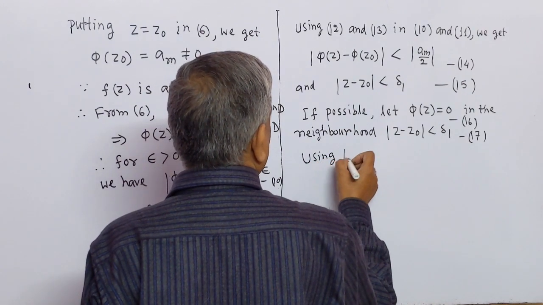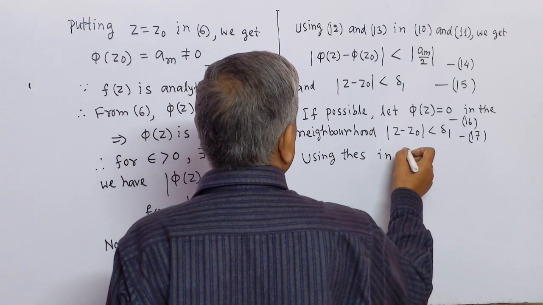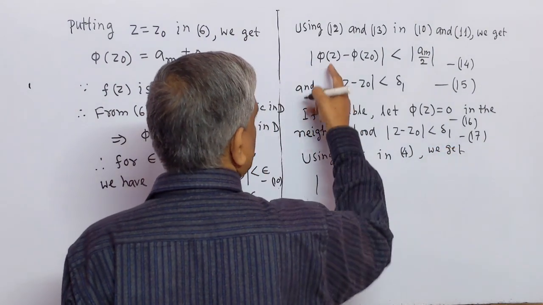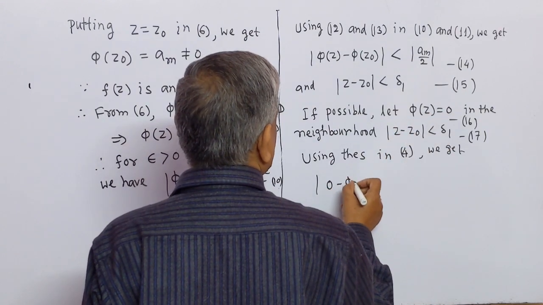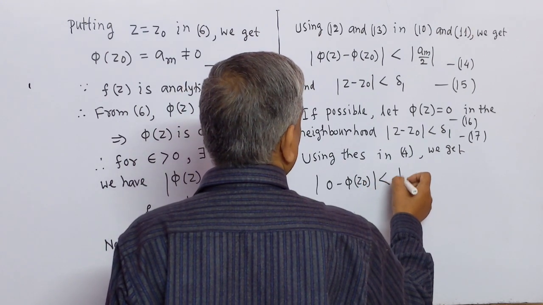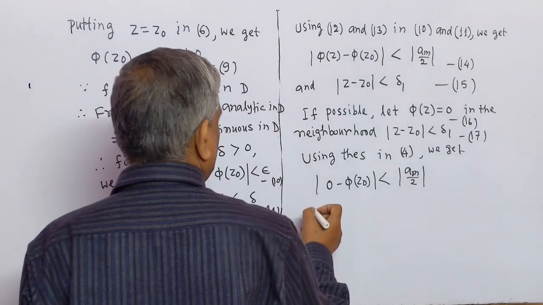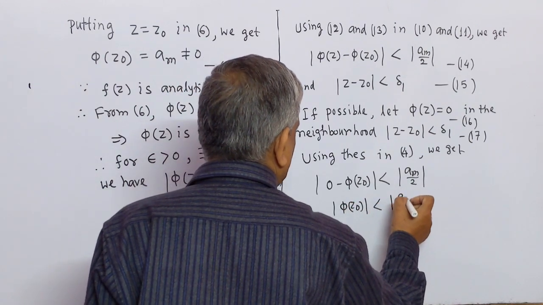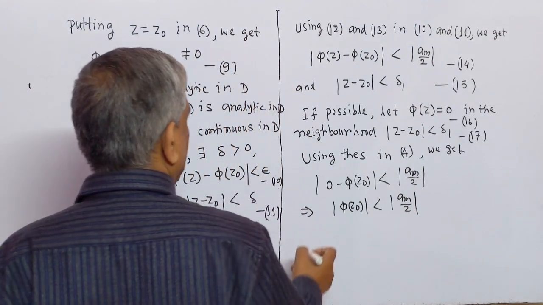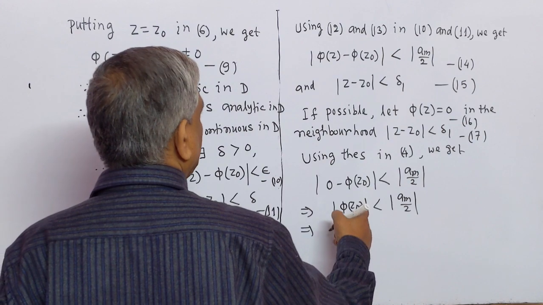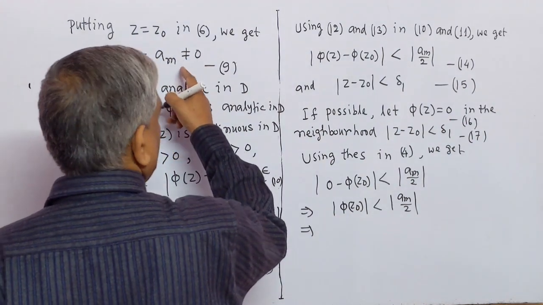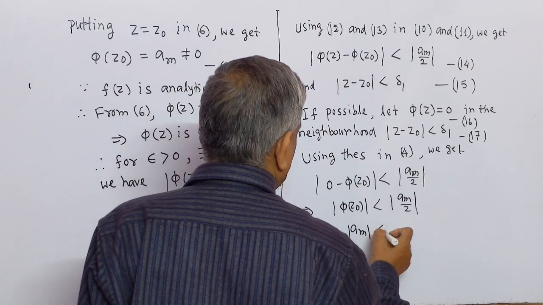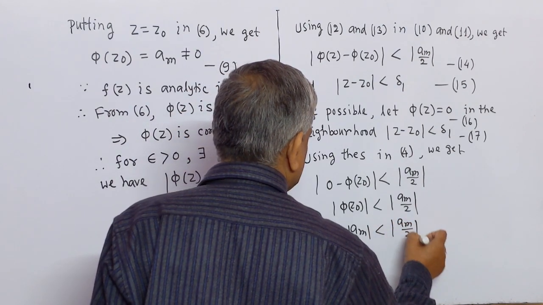Using these in 14 we get modulus of f(z) equal to 0 minus f(z0) less than modulus of a_m by 2, implies that modulus of f(z0) less than modulus of a_m by 2, implies that since we know that f(z0) equal to a_m, here 9, modulus of a_m less than modulus of a_m by 2 using 9.